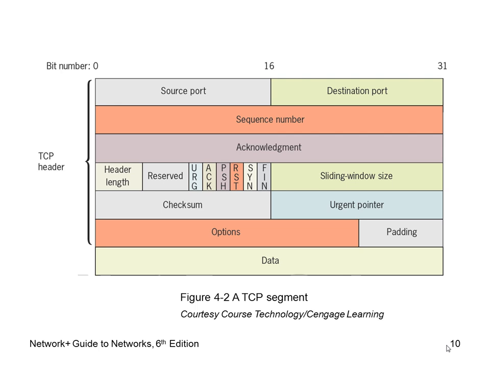We have a sliding window size, in other words, how much data we are carrying. There's our checksum, our error checking information. Then we have our urgent pointer, which doesn't do much. We have some options, padding, and then a bunch of data. That's pretty much what every single packet on the internet has in it. There's a lot of stuff.